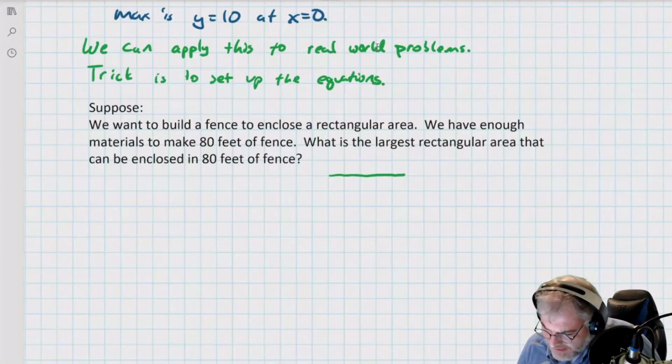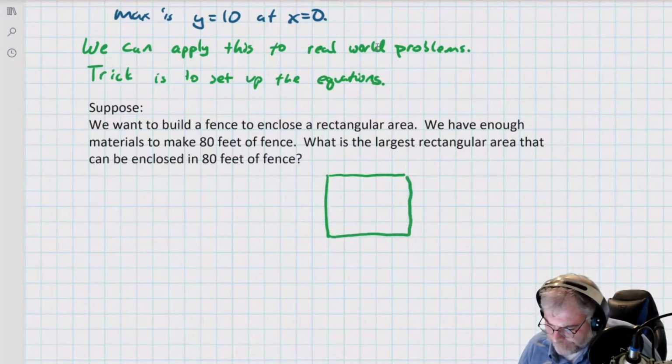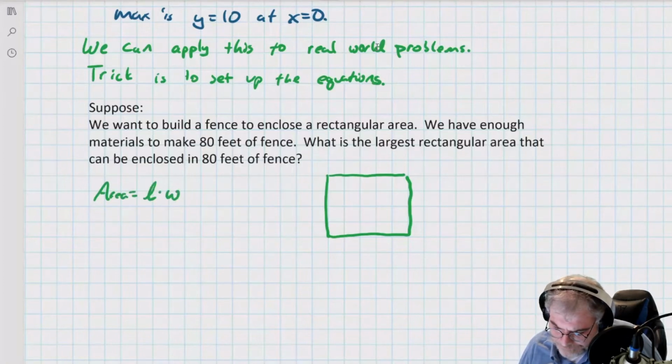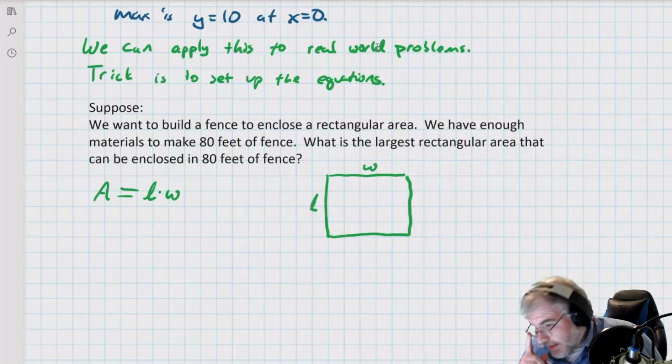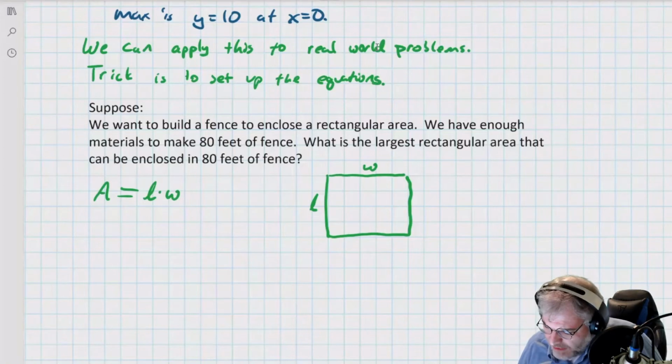So I have this idea that I'm going to have something that looks like this. And I've got some equations here: area equals length times width. I'm going to have some width here and some length, and I want this to be as big as possible.